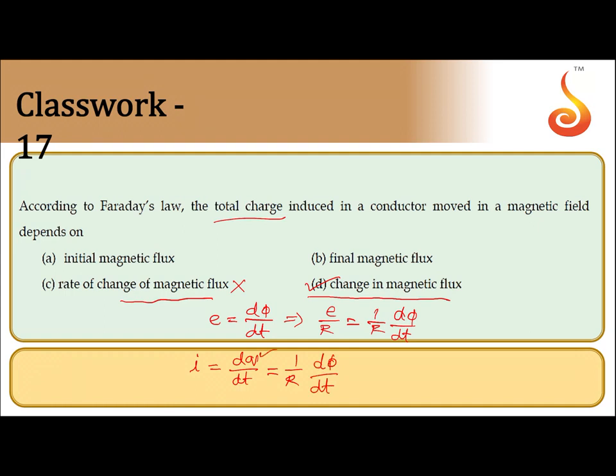See, this dq is your induced charge. So, dt can be cancelled. What you are left with is dq is equal to 1 by R into d phi. If you integrate on both sides, you will get q is equal to 1 by R into phi. So, this is change in flux, right? So, that only determines the induced charge. That is option D.